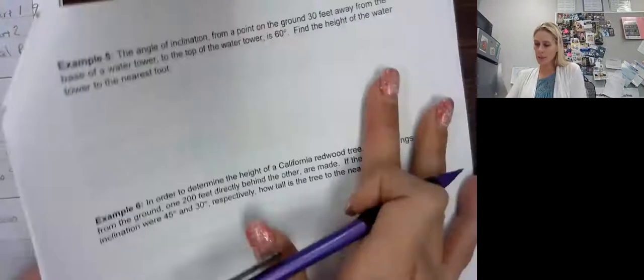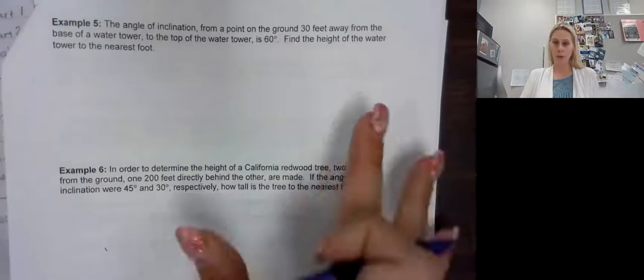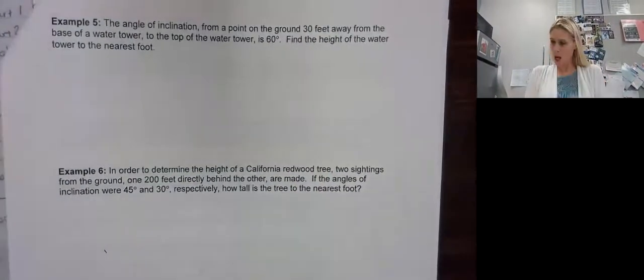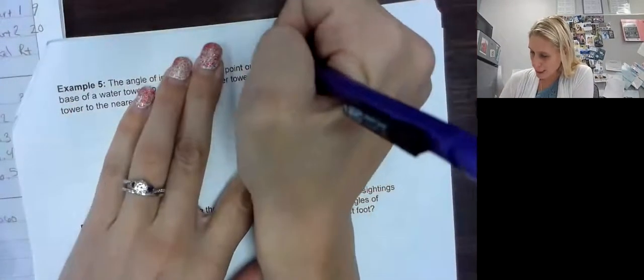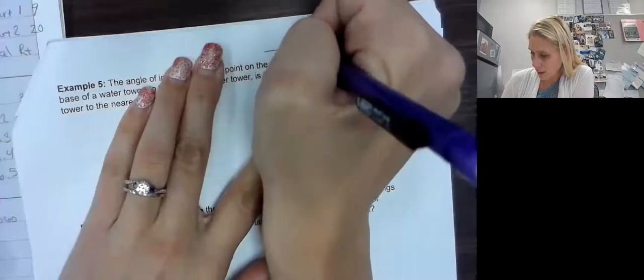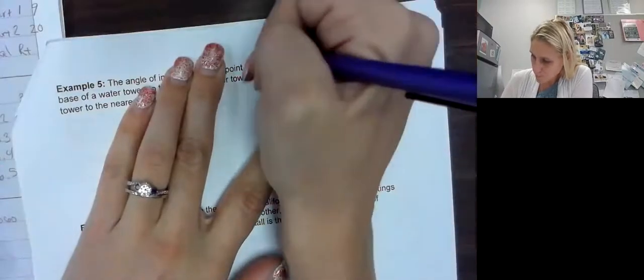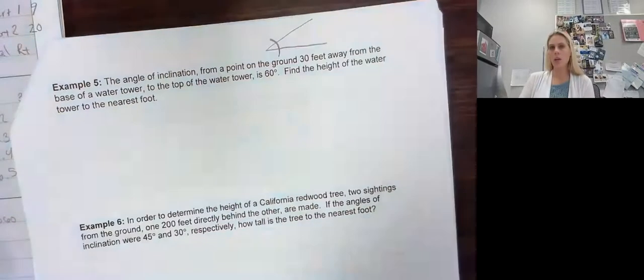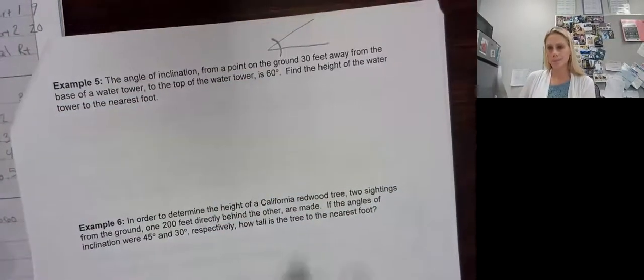So let's do some of these now. These problems, of course, you want to draw them out first. So if you want, guys, for an extra note, remember when I said when it's elevation, we have a baseline and we're looking up. So elevation is this lower angle.